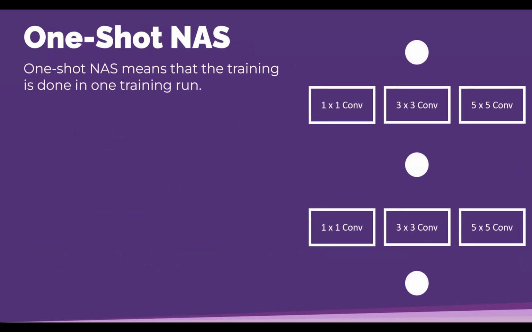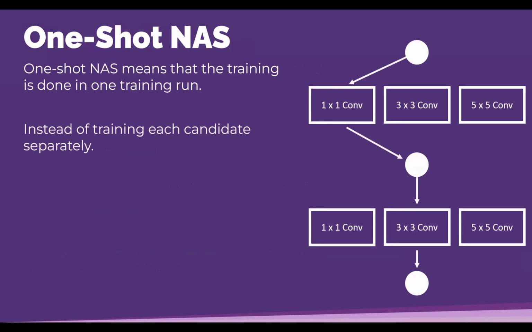If we have this mini network where we've got 3 nodes and 2 edges between them, and we don't know which operation to use, in traditional NAS you would say, okay, the first layer will be a 1x1 convolution, and then a 3x3 convolution for the second edge, and we're going to train that, then we'll train the next one. So in this case, you'd do 9 total training runs.